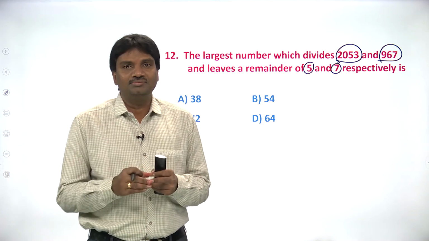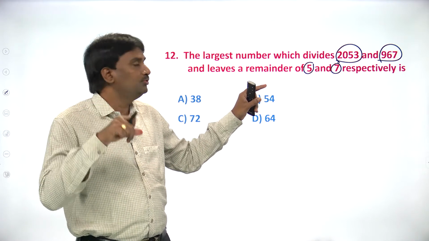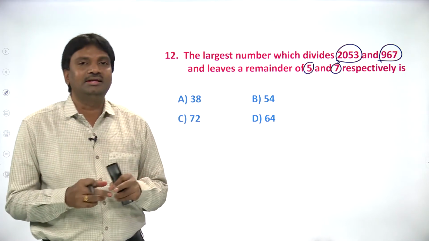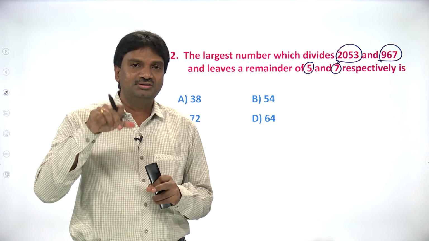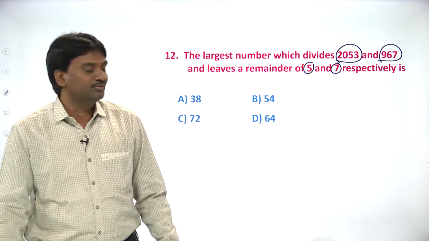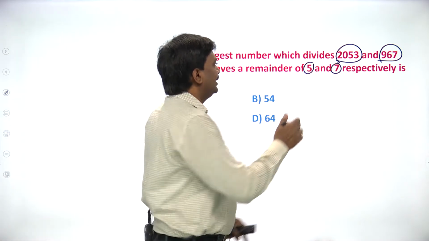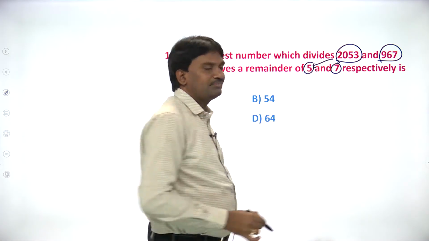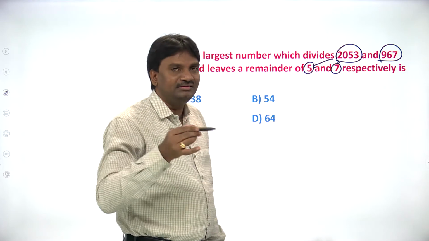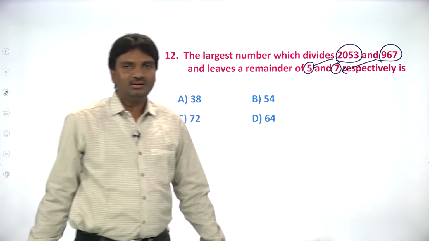By using the HCF concept, we can say the largest number which divides 2053 and 967 such that the remainders are 5 and 7 respectively. Actually, by dividing the number 2053, we are getting the remainder as 5, and by dividing 967 by the same number, we are getting the remainder as 7.